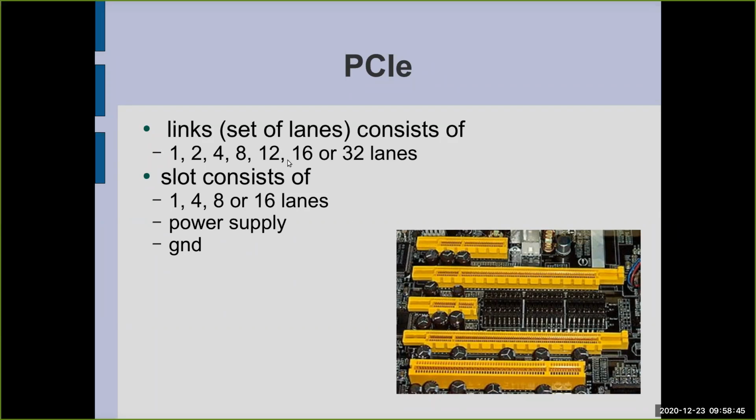So the difference relies on the number of lanes which are connected to the slot. Here we have 8 or 16 lanes attached. Here we have 4 lanes attached. Here we have up to 2 lanes attached. So this makes a difference, but you should know that the lanes are multiplexed.